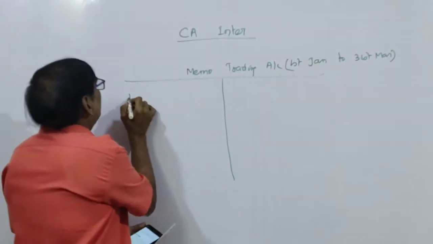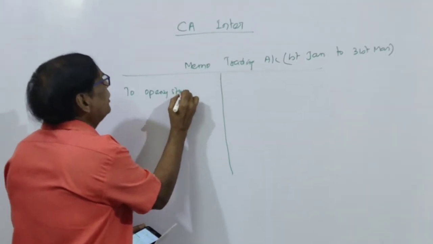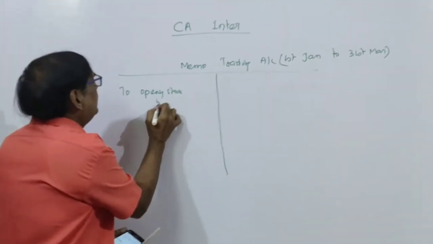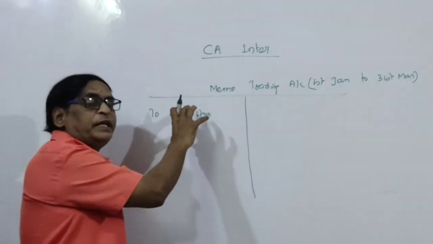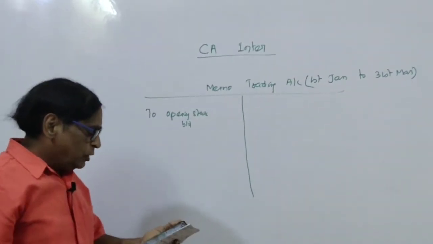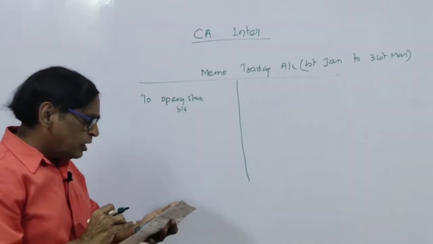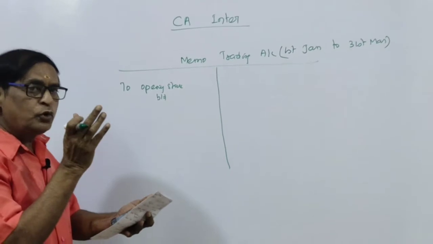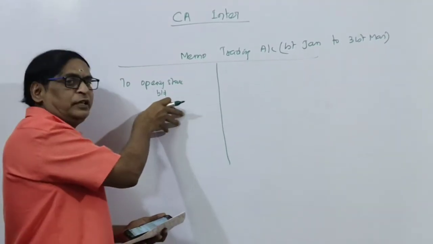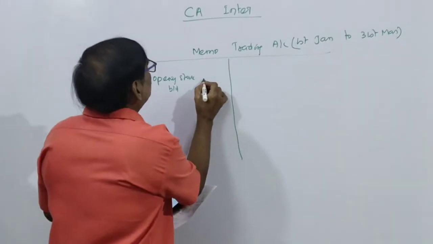Opening stock is not given, but we can take it from last year's trading and profit and loss account. Last year's closing stock will be the opening stock of this year, so the opening stock will be 90,000 rupees.